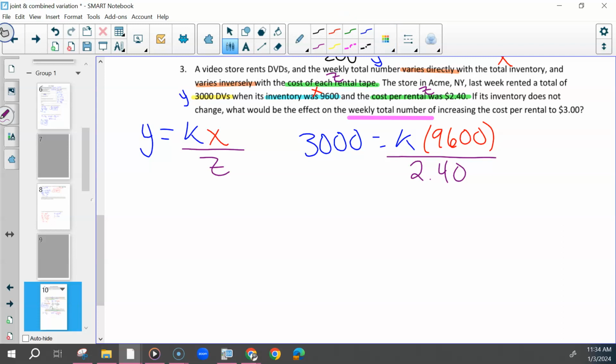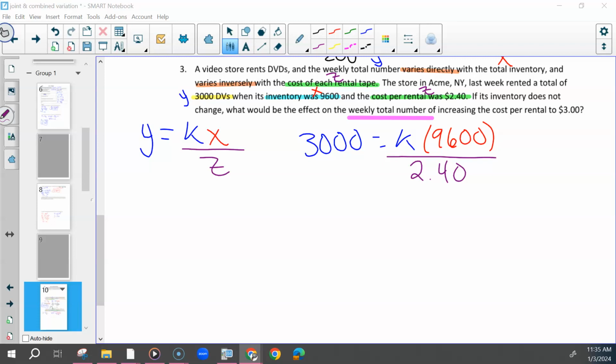Divide that, tell me what you get. So 9,600 divided by 2.4 is 4,000?